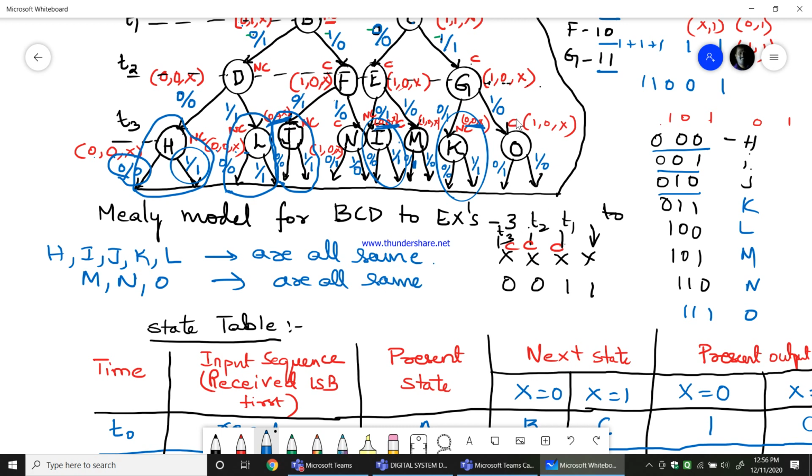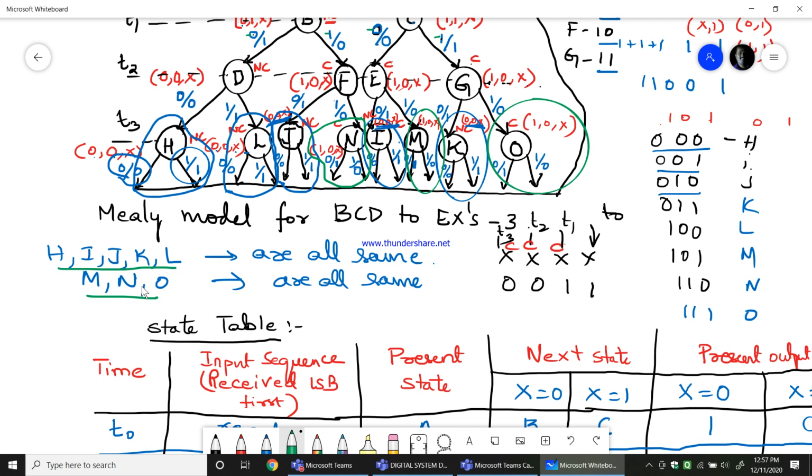The reason is O, which you have 10 x. Similarly, N you have 10 x. M also you have 10 x at the end. Okay, so therefore MNO is equal, HIJKL is equal.